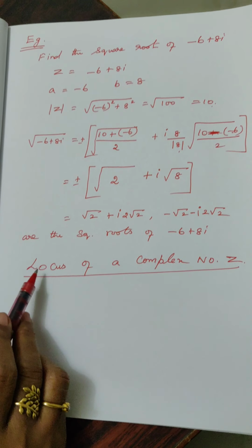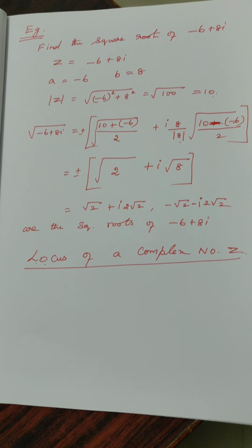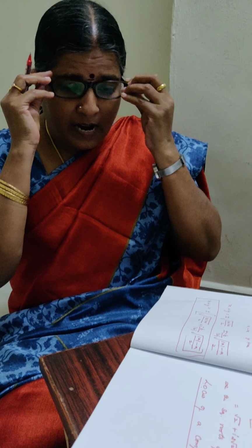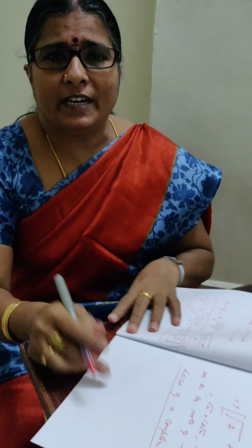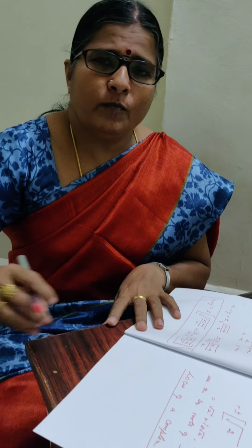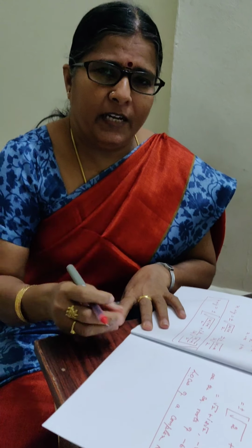Locus is a path traced by a moving point under specific geometrical condition. Locus means it is just a path traced by a moving point. A point moves in accordance with some given property, and with that property we are going to trace the point.